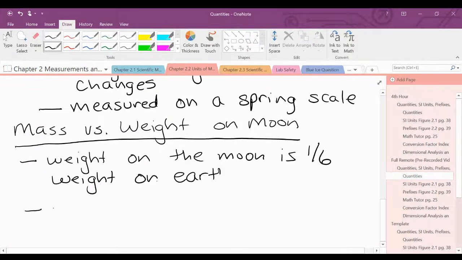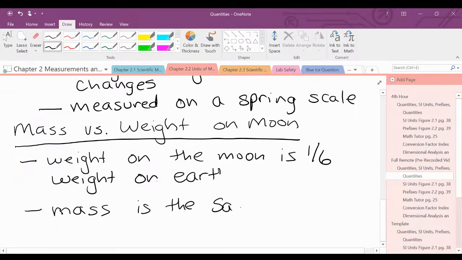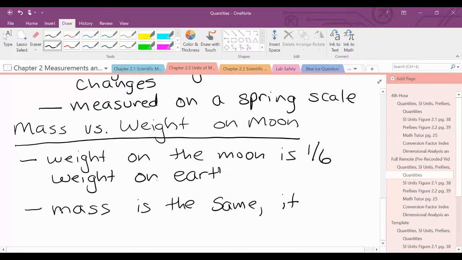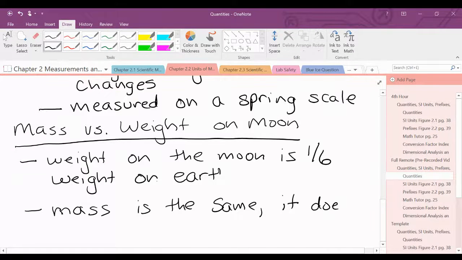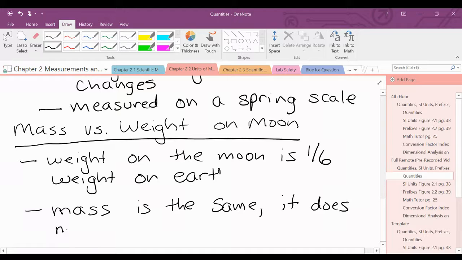However, your mass is the same. It does not change with your location. So mass, however much matter, does not change with location.